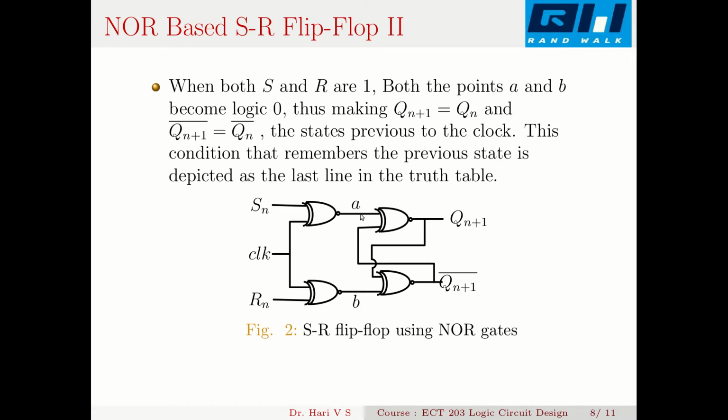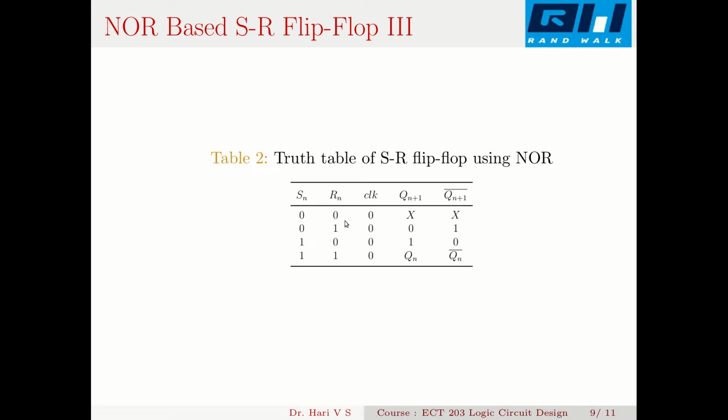So when both A and B become high, both Q and Q bar tend to be low, because if one of the inputs is high, the output becomes low. So when A and B are high, Q and Q bar become low. This is a forbidden condition. So in the case of the SR flip-flop with NOR, S equal to 0, R equal to 0 gives you the forbidden condition. Now you have understood the first line of the truth table.